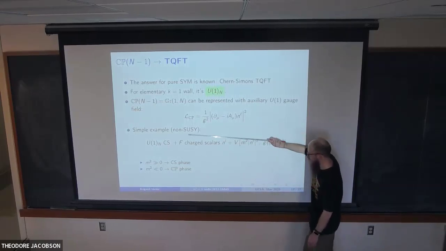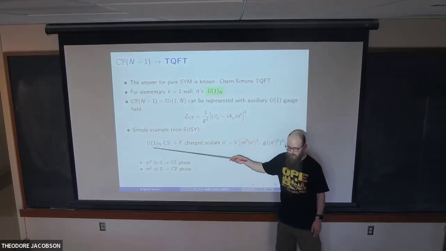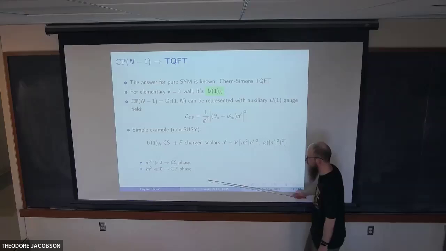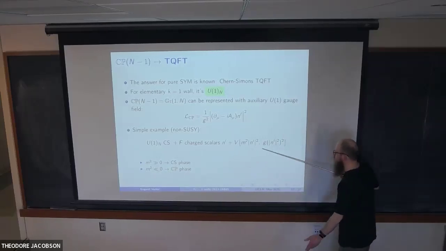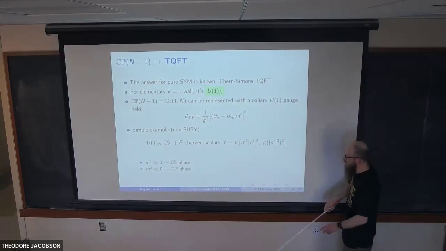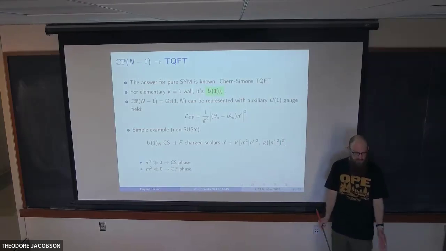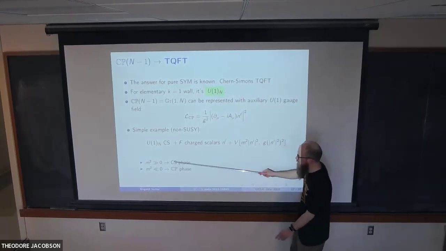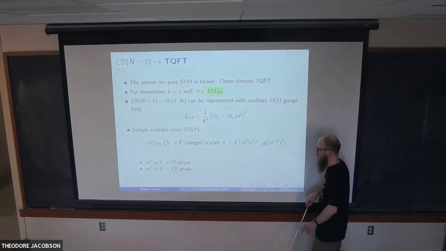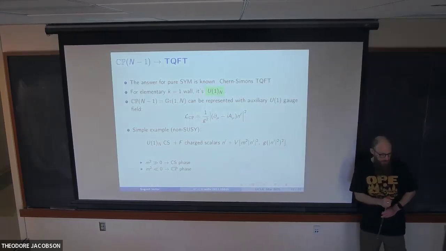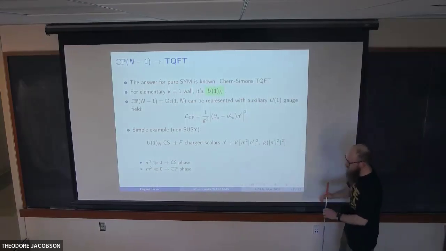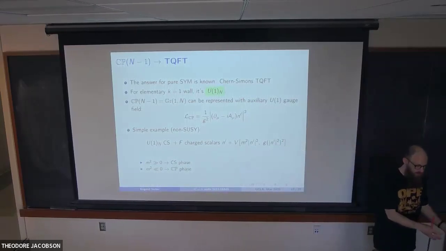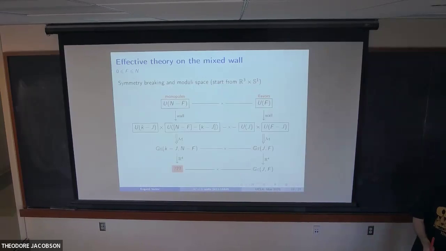In this limit, this complicated thing turns into just a Chern-Simons TQFT. But if mass squared is negative, then your potential actually forces some expectation value for this scalar, which effectively acts as a constraint, and then you can forget about the Chern-Simons factor, and you have a sigma model. So the same theory in two different limits can look either as a sigma model or as a TQFT.